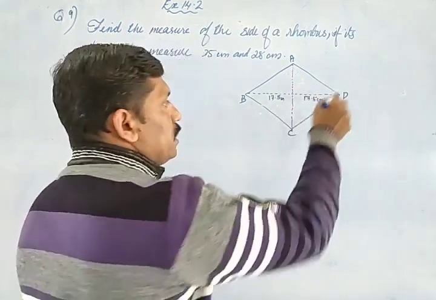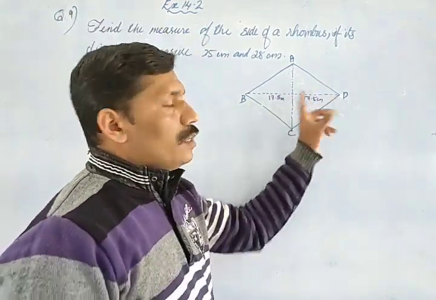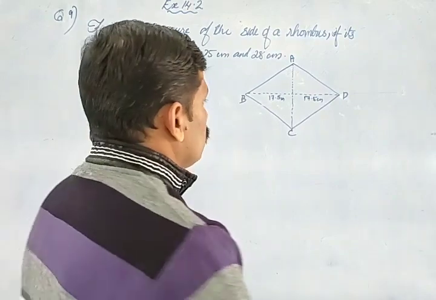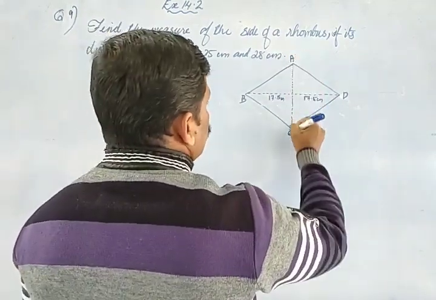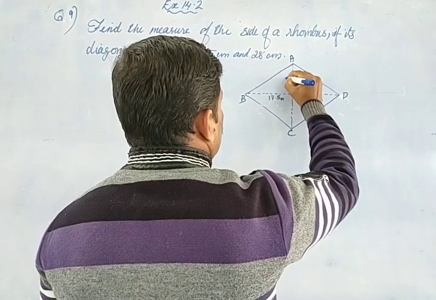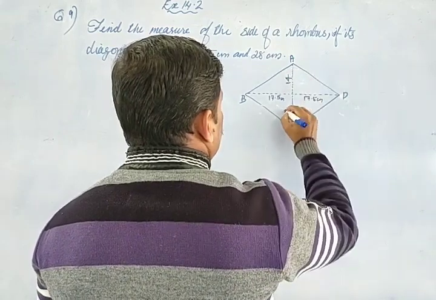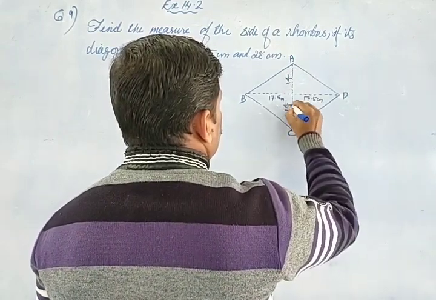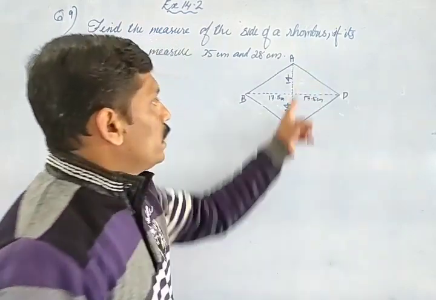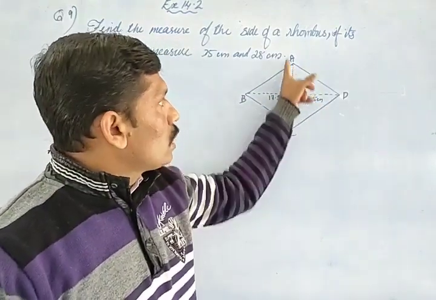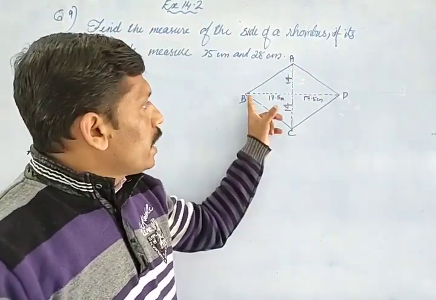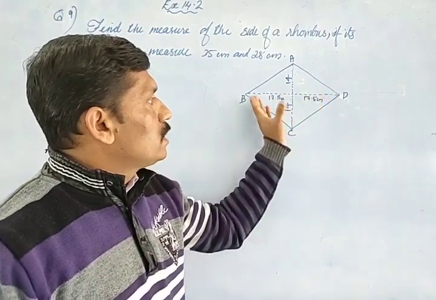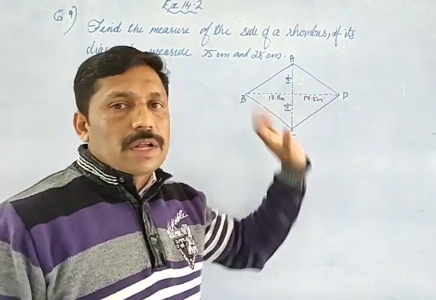When the diagonals intersect, they are divided into two equal parts. And this length is 28, therefore it will be 14 centimeters here and 14 here, total 28. This diagonal is 17.5 and 17.5, 35 total length.